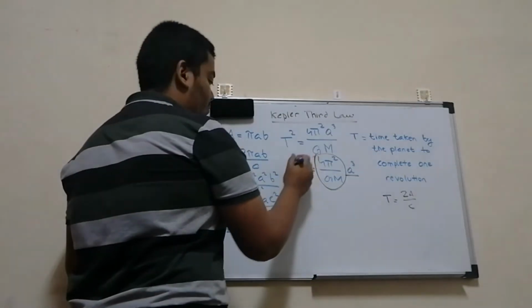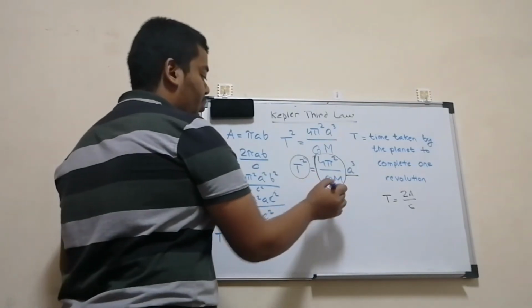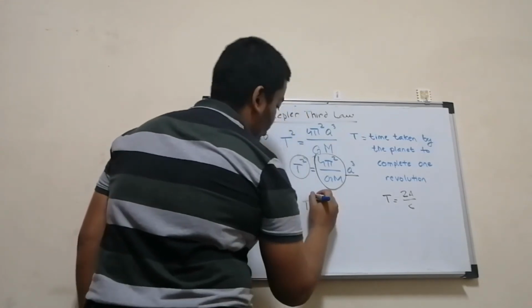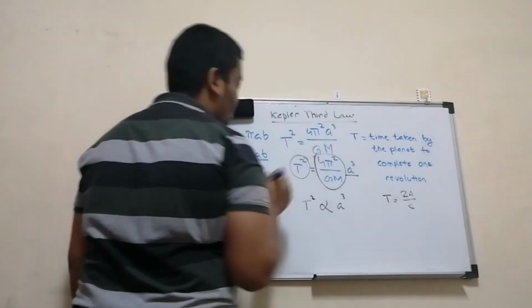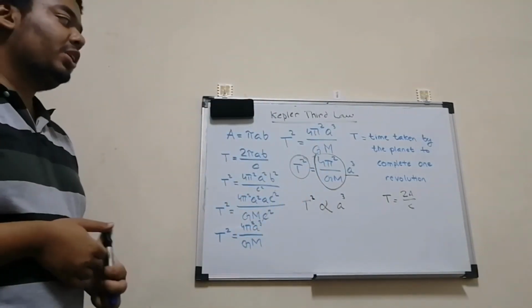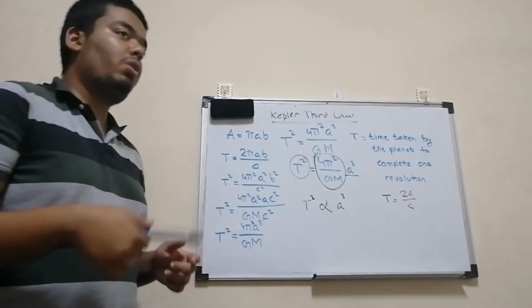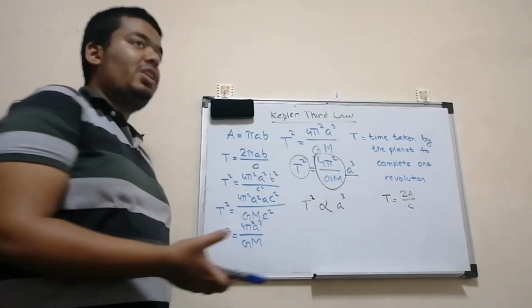So the time taken for the planet to complete one revolution is proportional to the cube of the semi-major axis. So T squared is proportional to the cube of the semi-major axis, and from this derivation we can also see that the time taken for the planet to complete one revolution around the sun does not at all depend on the mass of the planet.